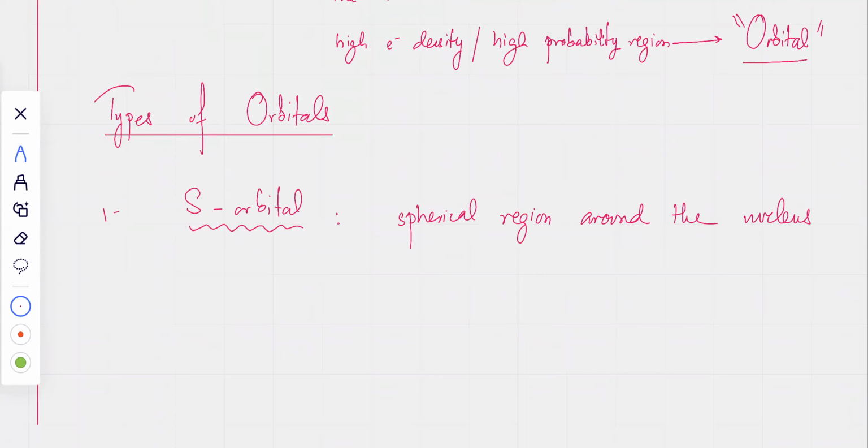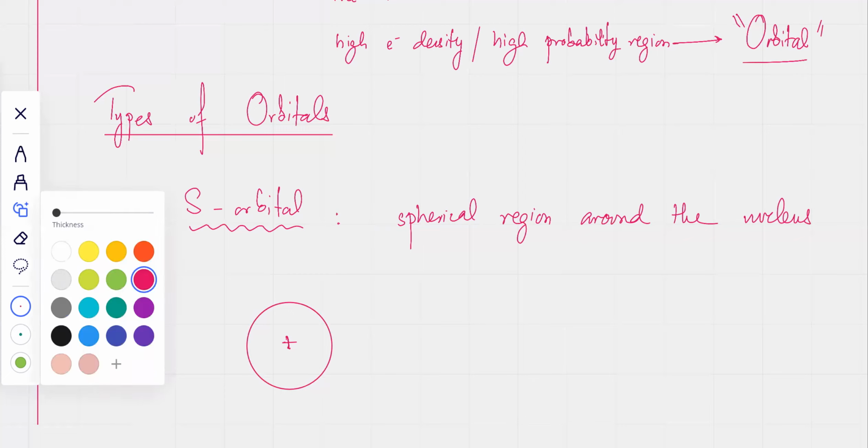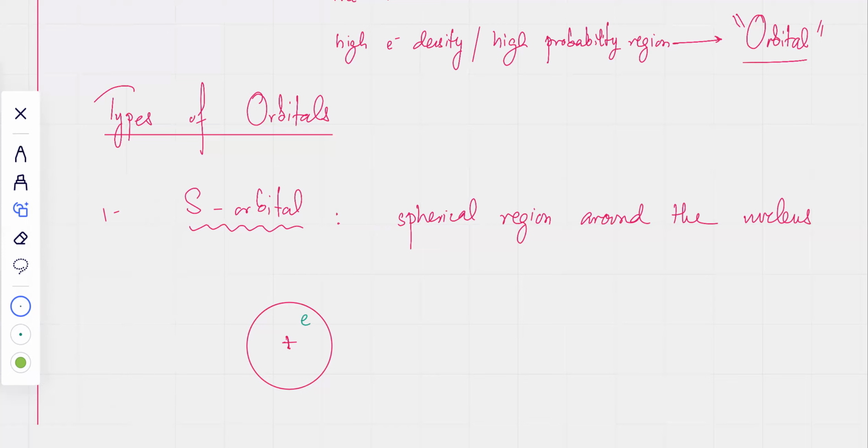For example, if there's a positive nucleus, the electron occupies a spherical region around the nucleus. So the electron is somewhere in this particular area. We're not sure where it is, but the electron is occupying the entire area around the nucleus. This is your high probability zone.